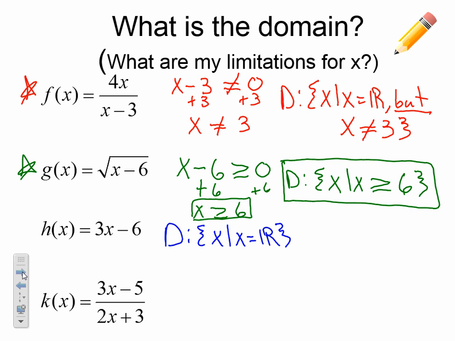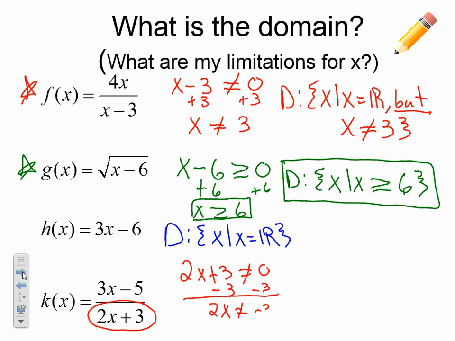If we look at this one, we're dividing. So whenever we're dividing, we have to worry about our denominator. Our denominator cannot equal 0. So I'm going to set 2x plus 3 cannot equal 0. Solve this one, subtract 3 from both sides. 2x cannot equal negative 3.